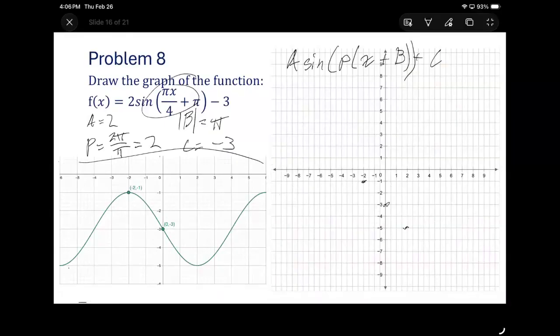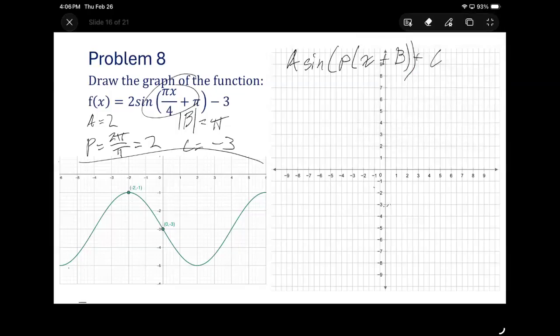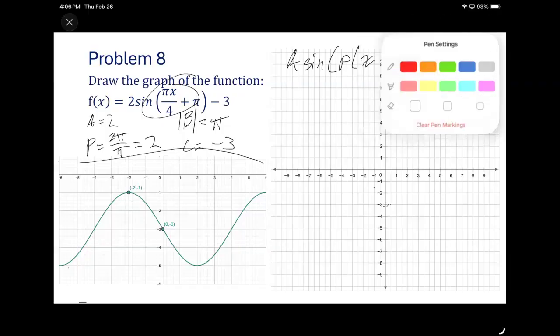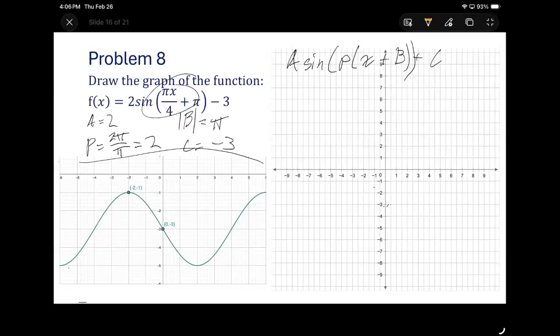So why again are we flipping the sign? Because it's inside the function. So the general question that I was always taught, erase this guy. I was taught, so you know the period of sine.